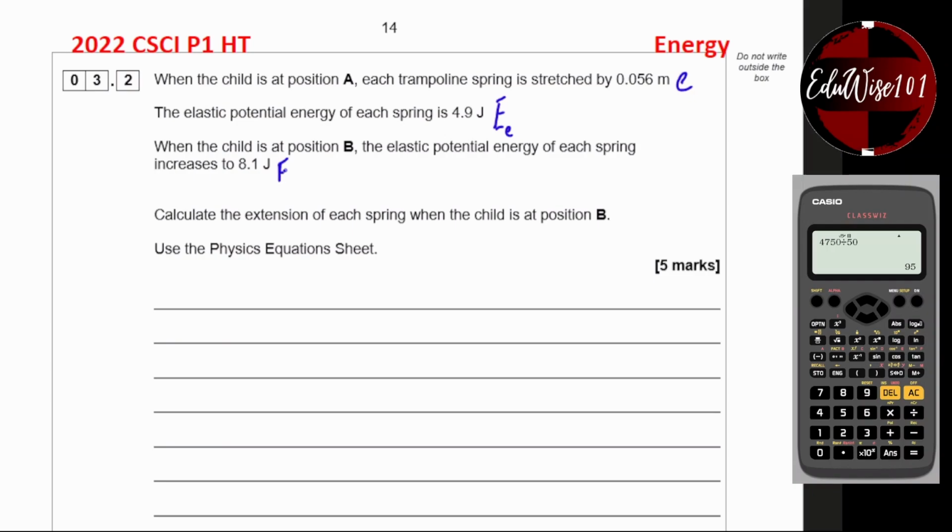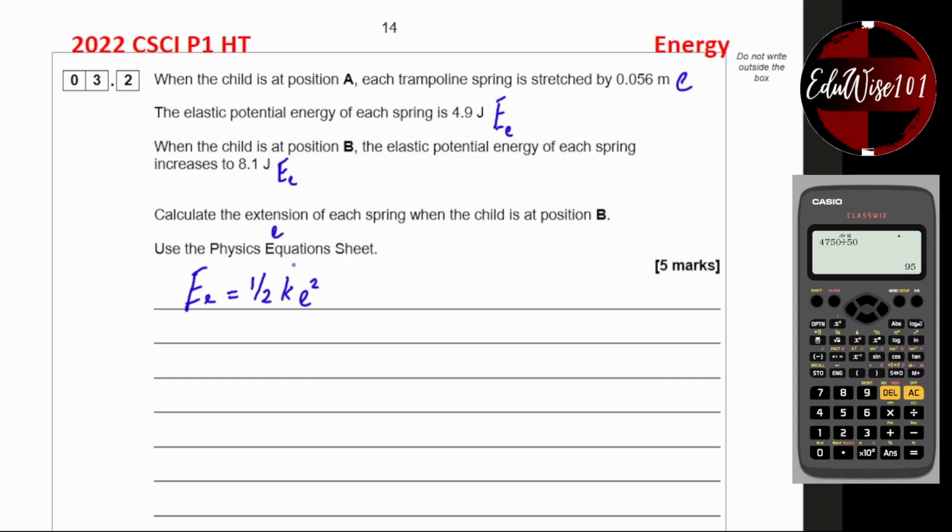So that's again the elastic potential energy. Calculate the extension e of each spring when the child is at position B. Now, the equation that links all of this is: elastic potential energy is equal to half k, for the spring constant, e squared, for extension squared.